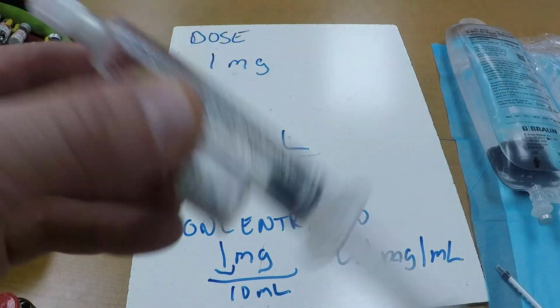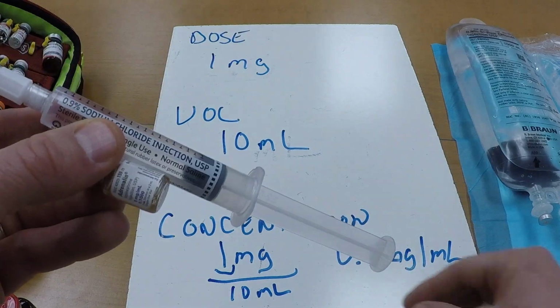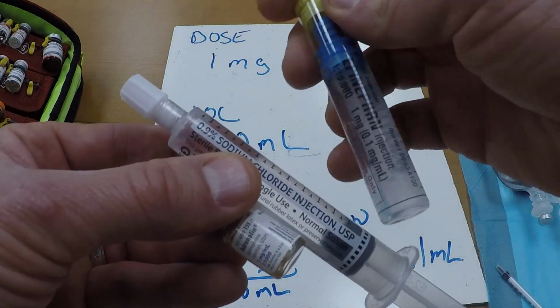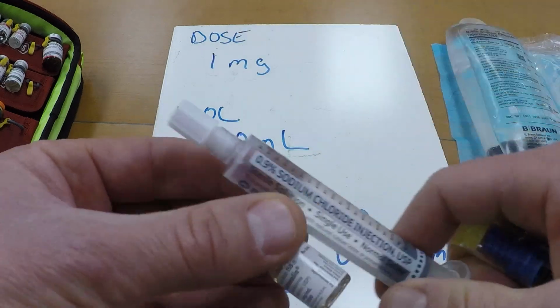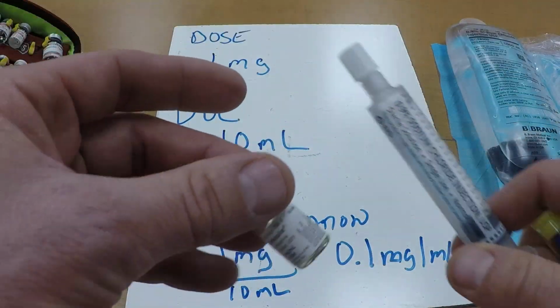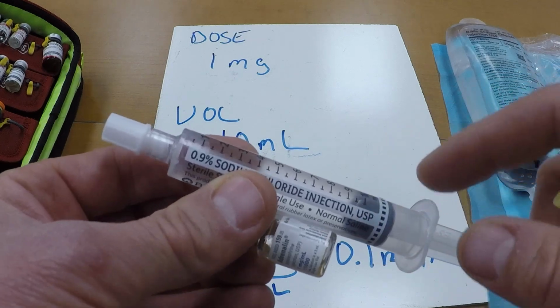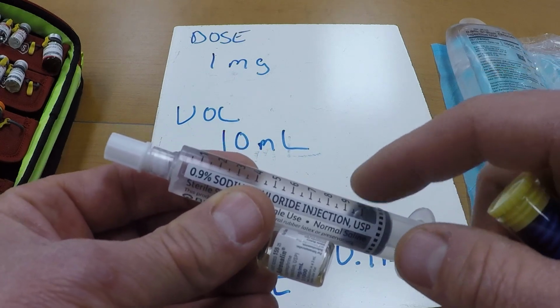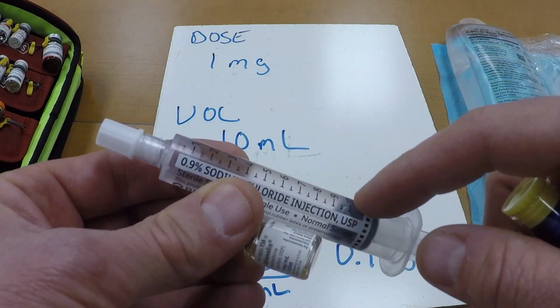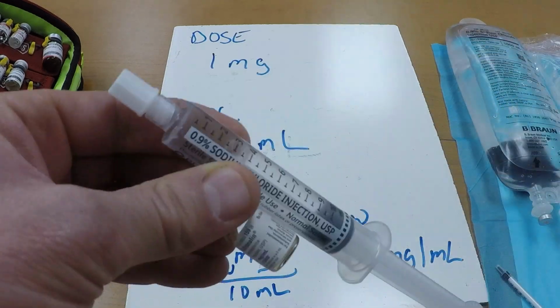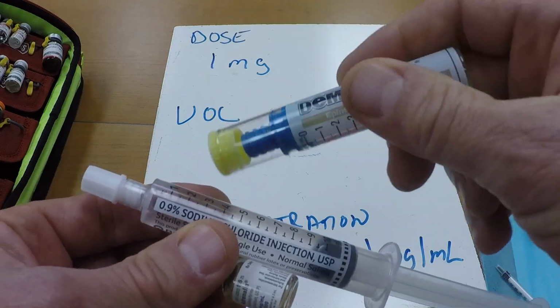Now, we have the same concentration of epinephrine that's in here. We diluted it. We had 1 milligram per milliliter. We injected that into this. We squirted 1 ml of saline out of this, drew in the 1 milliliter. We're going to agitate it. Now, these are the same concentration.